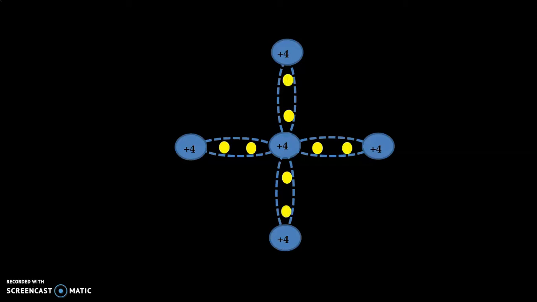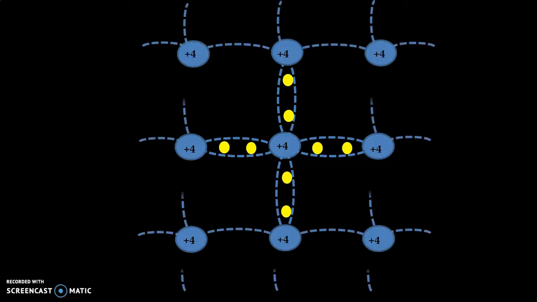So now we can see that the central atom has 4 of its own valence electrons and 4 shared valence electrons from the neighboring atoms. These valence electrons of the central core make covalent bonds with valence electrons of neighboring atoms, and this structure goes on.